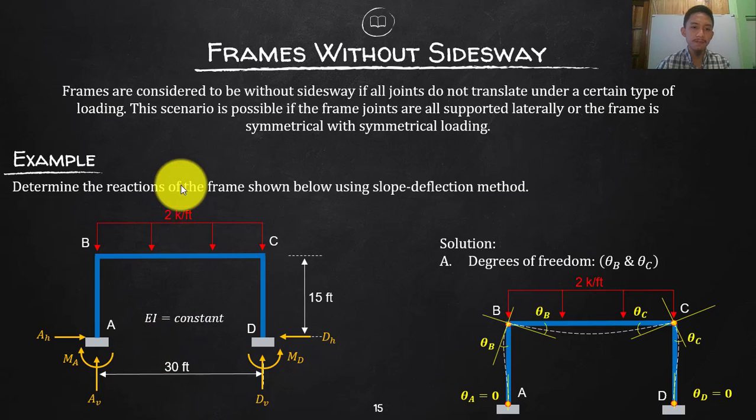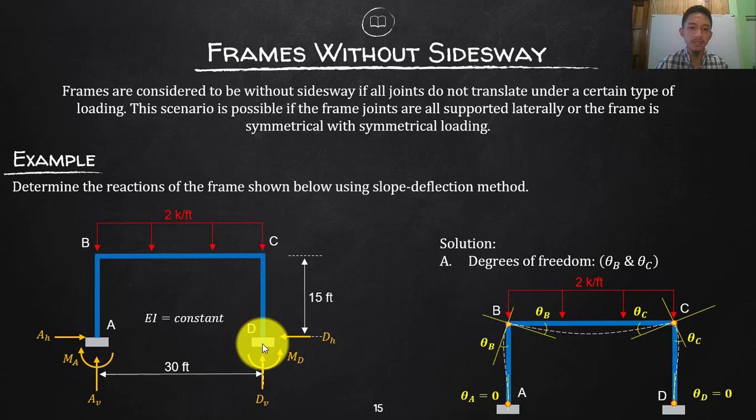And of course, in considering the symmetry of your frame, you need also to consider the symmetry of the reaction. So, for example, these are the dimensions, but this is fixed and that is pinned, then that is actually not symmetrical, because the characteristic of support here is different from the characteristic of the support there. Because if this is pinned, that will not resist the moment.